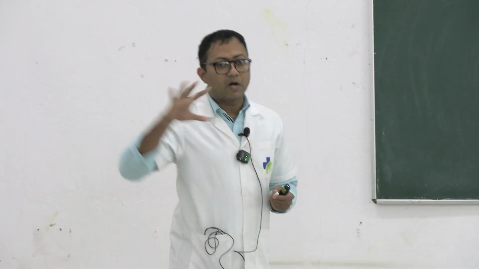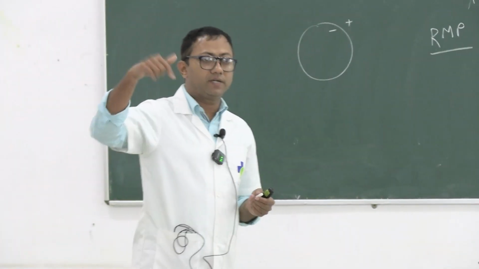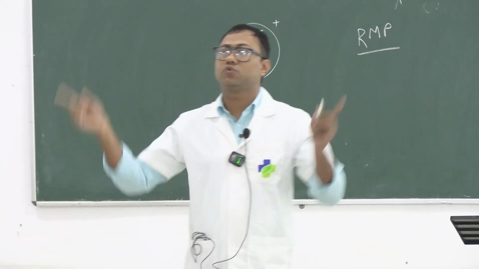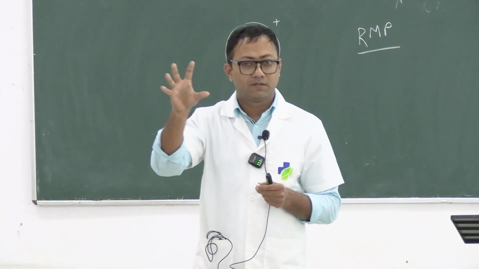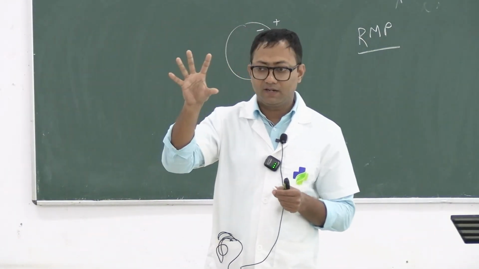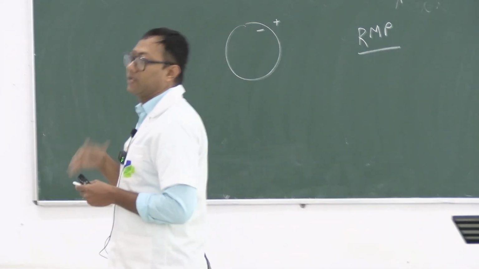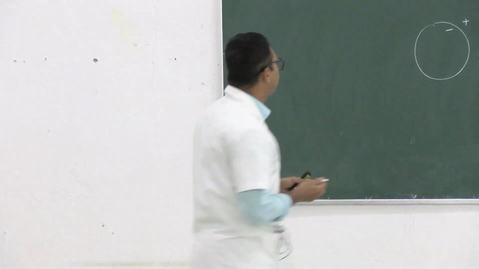So you have a cell, inside is negative, outside is positive. You put one microelectrode inside the cell, one microelectrode outside the cell. You connect the two wires with a voltmeter at the middle, right? And you get a potential difference, you get a deflection, right?